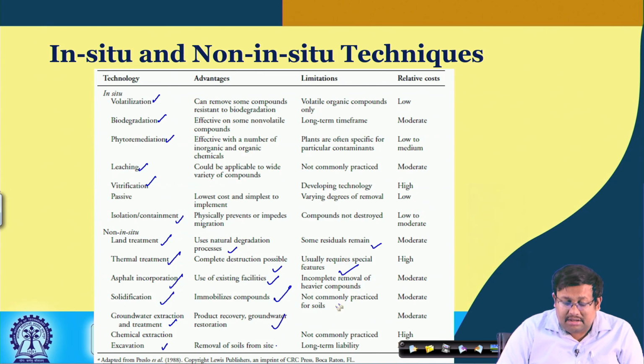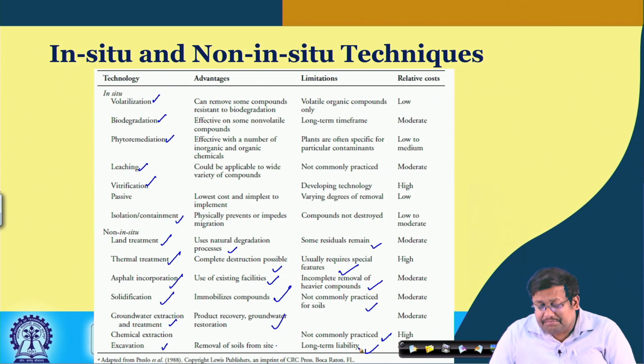Asphalt incorporation also has some limitations, for example, incomplete removal of heavier compounds. Solidification is not commonly practiced for soils, and chemical extraction is also not commonly practiced. However, excavation has a problem of long term liability.